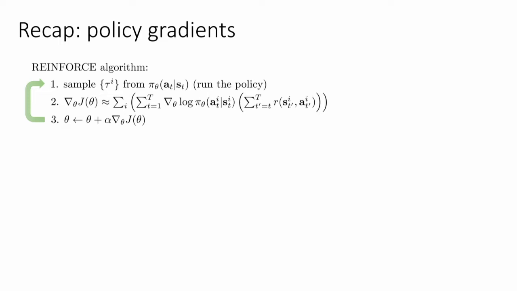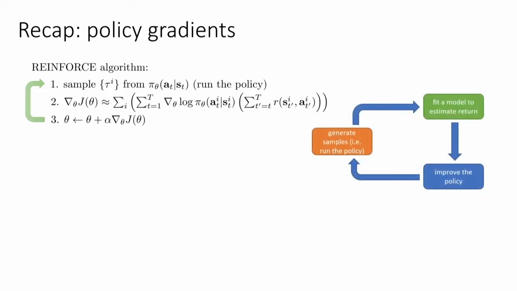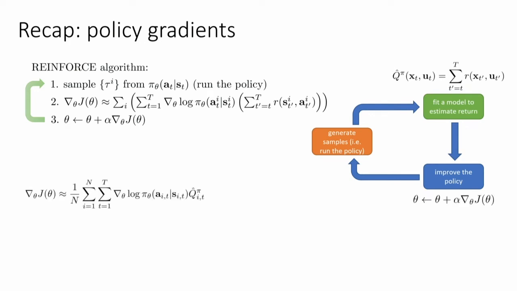So in our favorite diagram, we can imagine that regular policy gradient simply sums together the rewards for this green box and applies the policy gradient for the blue box. And we saw, of course, that the policy gradient can be equivalently written as a sum over all the time steps in all of your samples of grad log pi at that time step in that sample times this q hat thing, which we refer to as the reward to go.